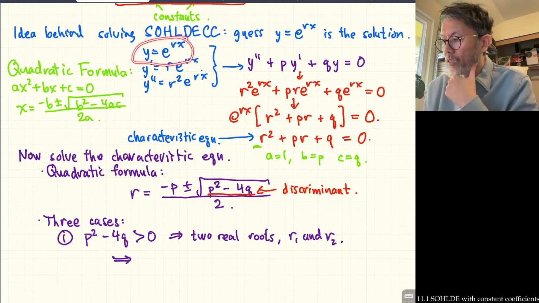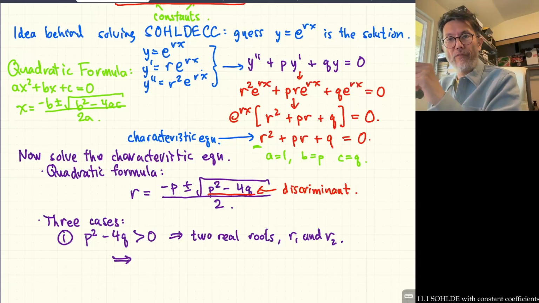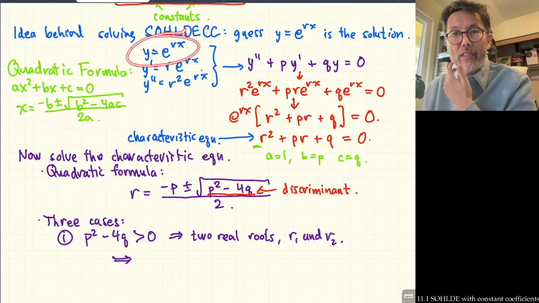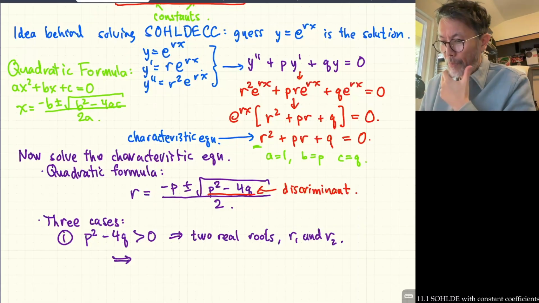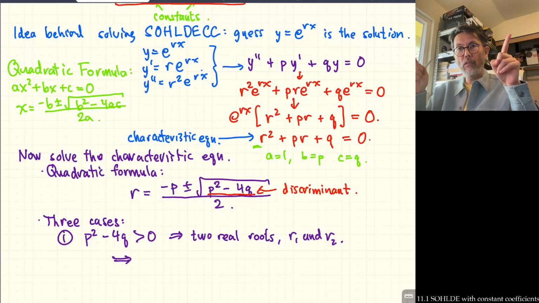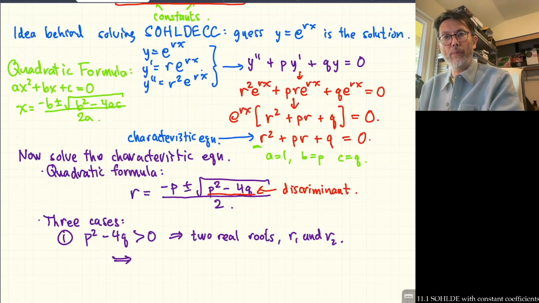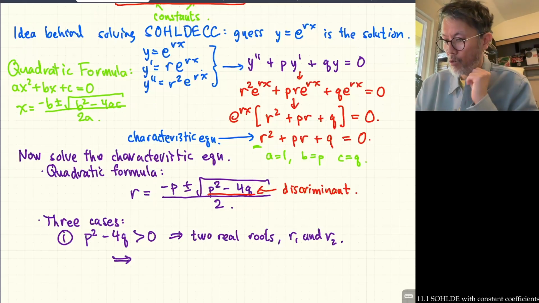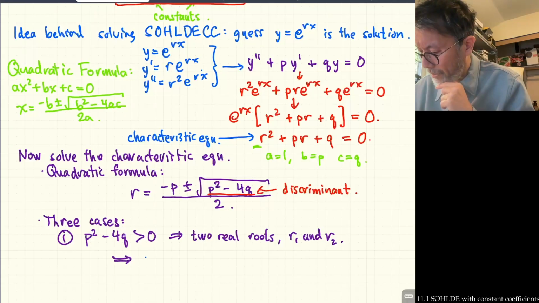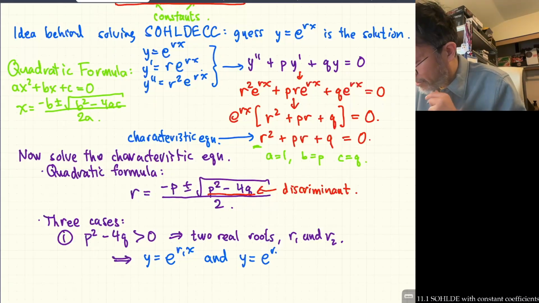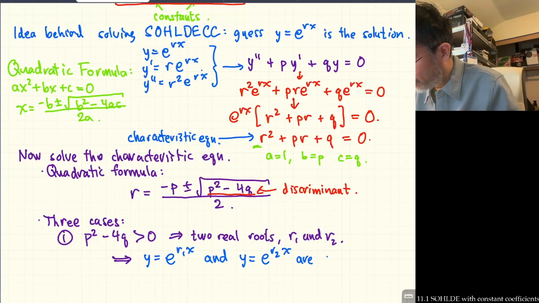That means that for the choice of r equaling r1 or r2, we get a solution to this differential equation. And in particular, because r1 and r2 are distinct real numbers, because the discriminant is positive, we know that we have 2 different solutions. I'll write it like this. y equals e to the r1x and y equals e to the r2x are solutions.